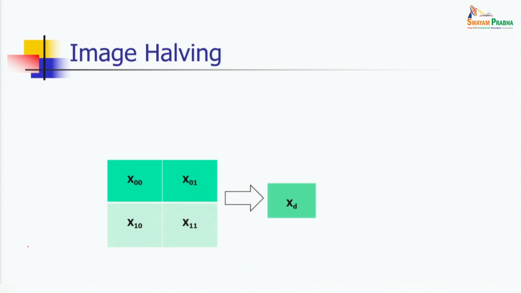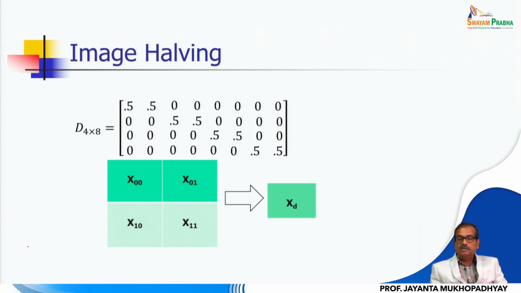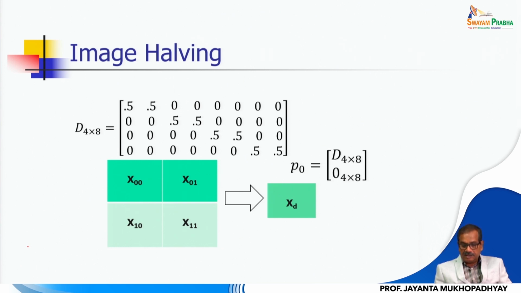Let me then show these operations more mathematically, following the same logic as I have explained. As I mentioned, I will use this downsampling transformation matrix augmented with 0 blocks, because I have to maintain the size as 8 cross 8. For each operation, I will get an 8 cross 8 block.